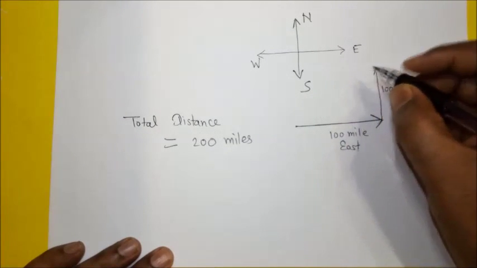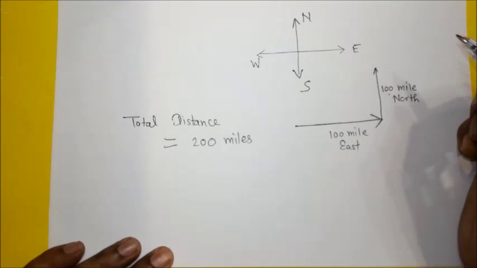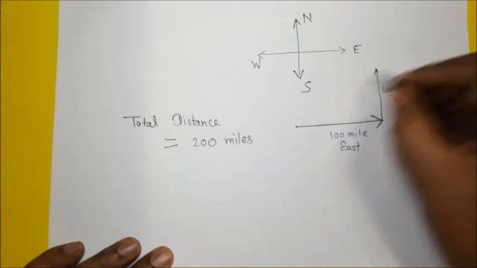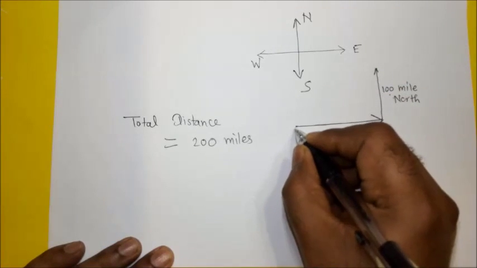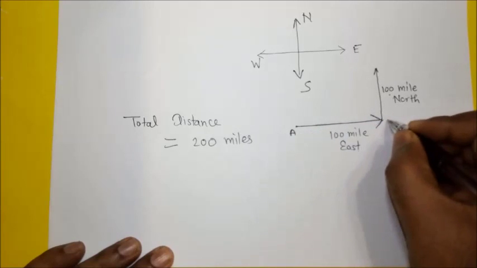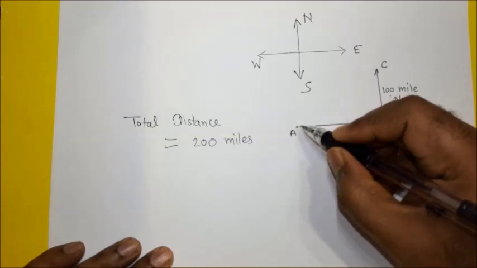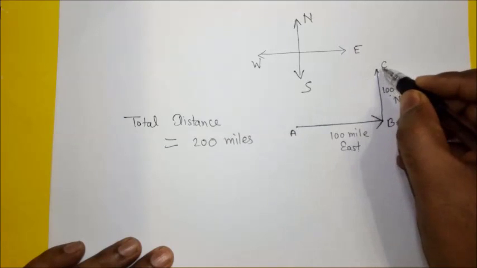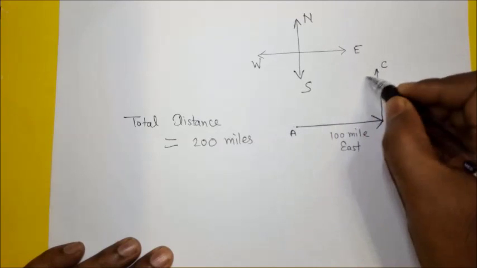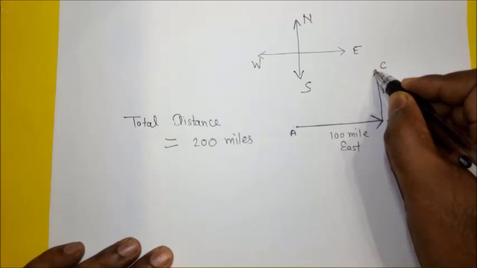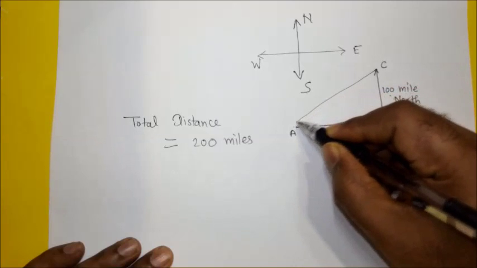And what is the displacement? This is your initial point. Suppose this is A, he goes to B and then C, then final position minus initial position. So connect the final position from the initial position by a straight line.